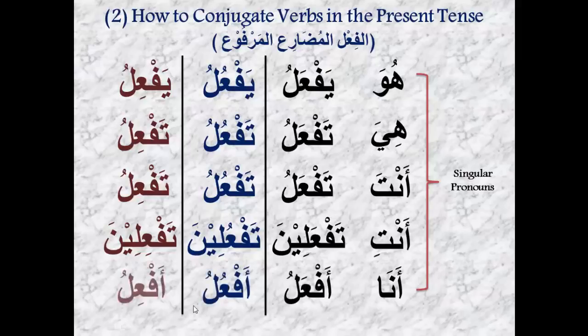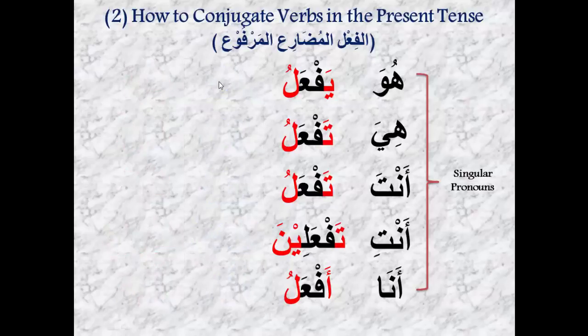Now, I want you to memorize just this column right here. You can ignore the other 2 because, again, these are just variations on the middle vowel, which can be adjusted for. And notice I've highlighted the modifications in red. So we have yaf'alu for huwa. There's a ya in the front. Hiya, anta, and anti all have a ta in the front.